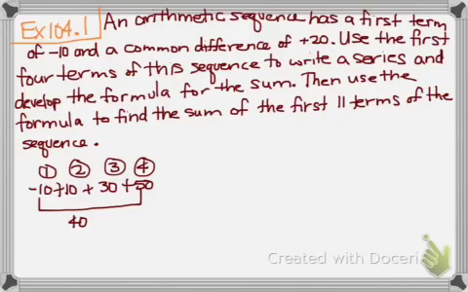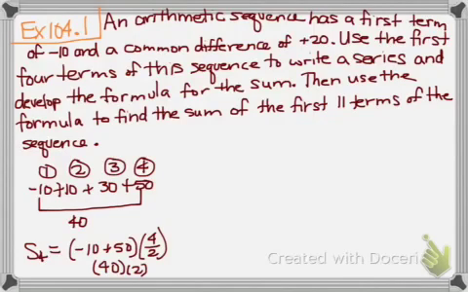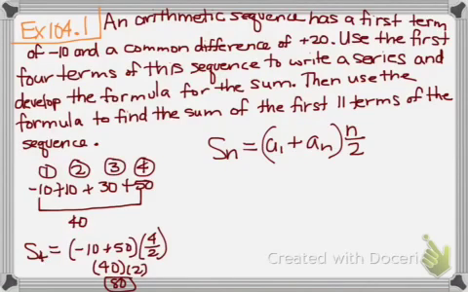So our first term is -10 and our last term is going to be 40. So S sub 4 is going to be -10 plus 50 times 4 divided by 2, 4 being the number of terms divided by 2. So our sum is going to be 80. So remember, S sub n is the first term plus the last term times the number of terms divided by 2.